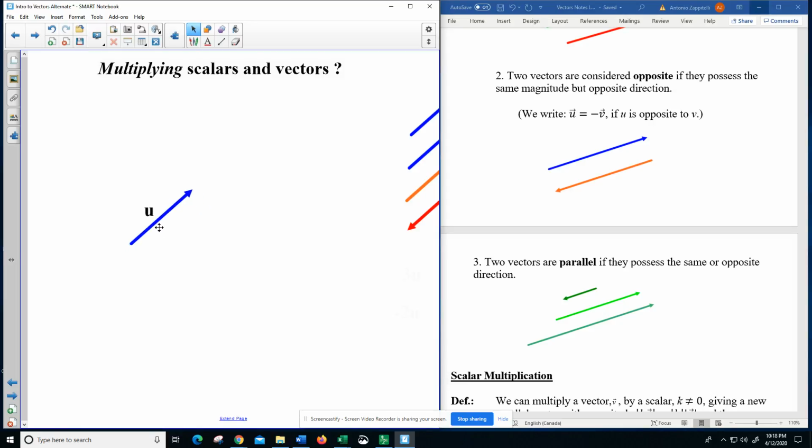If I have some vector u, and I want to create a vector that's in the exact same direction as vector u, but 3 times longer, I can think of it as taking my vector u, putting another vector u, and then a third vector u, one after the other. What have I created? I've created a vector that's in the same direction, but 3 times longer.